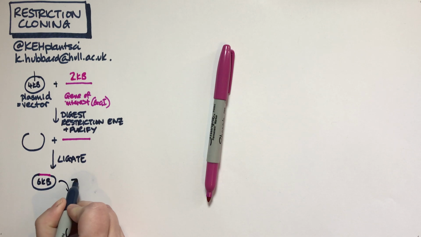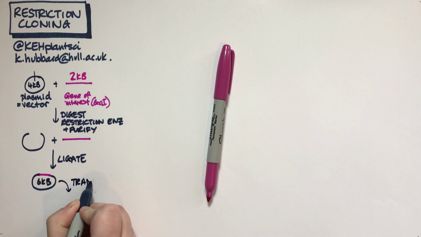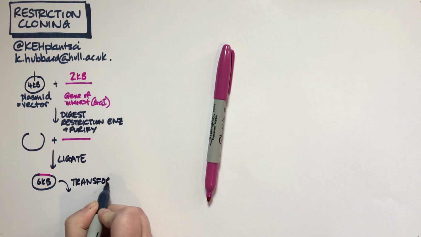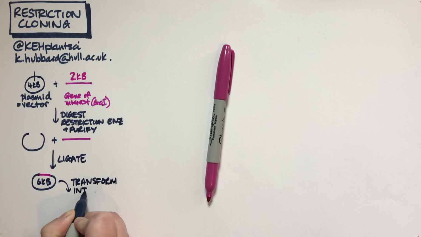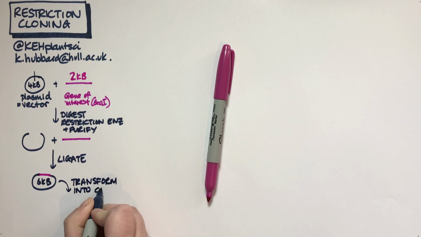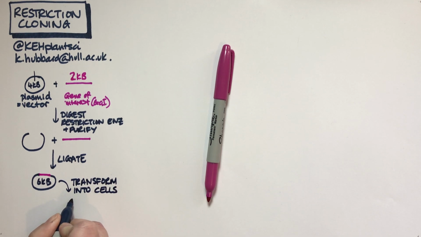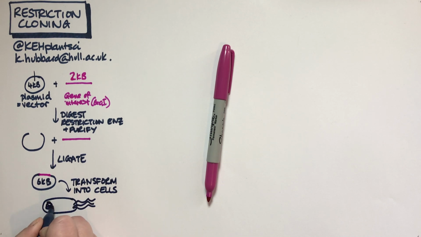I then transform into cells. That's usually E. coli. So here's my E. coli cell. The E. coli cell will have its own chromosome, where it has all of its normal DNA, but we can add this extra little bit of plasmid.